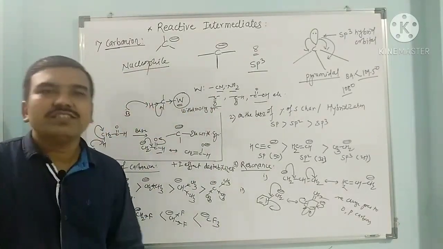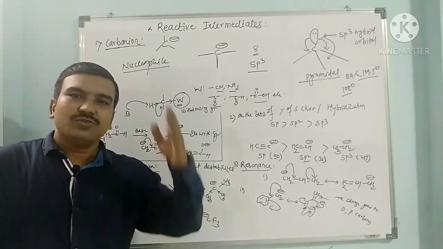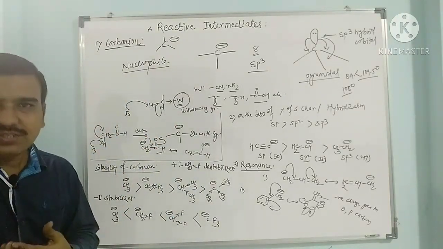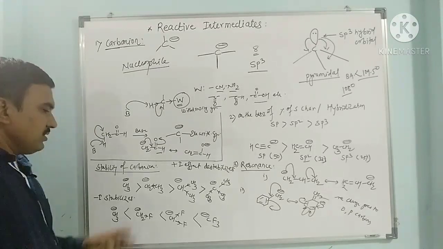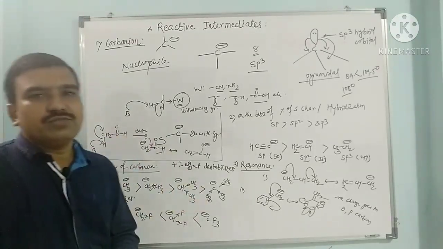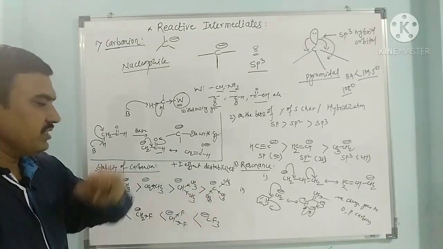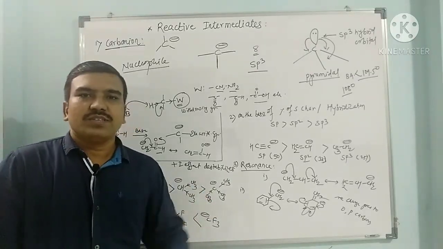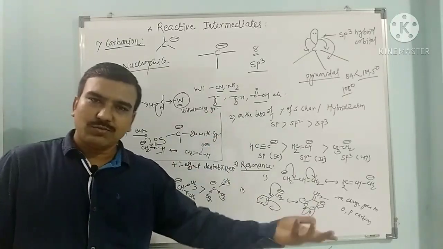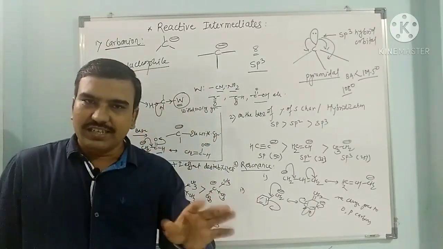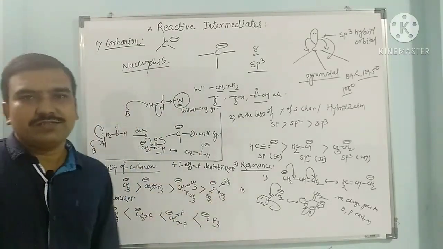Already it is negatively charged, again it is receiving electrons, so it becomes unstable. When electron attracting groups come to it, they stabilize that negative charge. So CF3 is more stable, but the tertiary carbanion is less stable. For carbocations, tertiary carbocation is more stable, but tertiary carbanion is less stable because it is negatively charged.